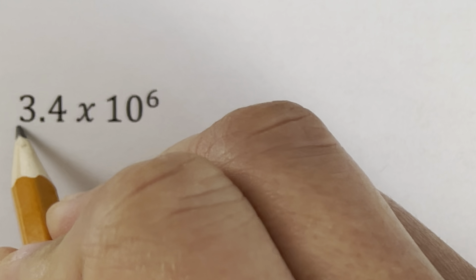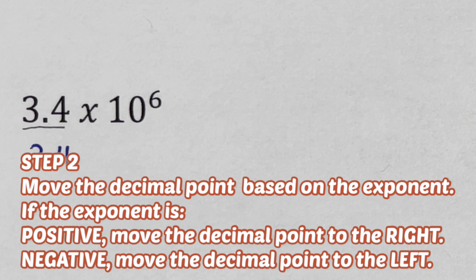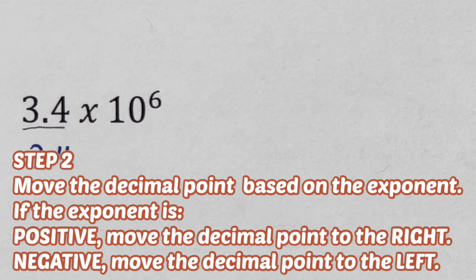So this is again our C value. So we're going to write that down. So I'm just going to go ahead and say that's 3.4. And then we move on to the second step. The second step states that we move the decimal point based on the exponent. If the exponent is positive, move the decimal point to the right. And if the exponent is negative, move the decimal point to the left.